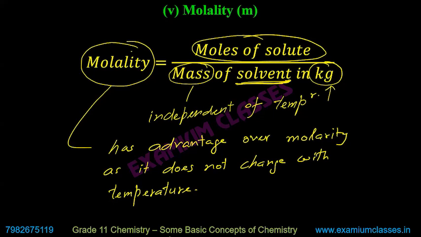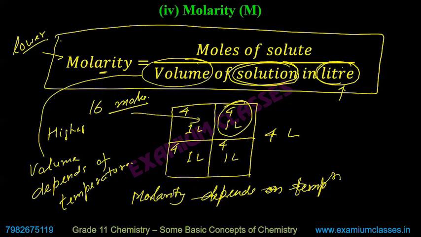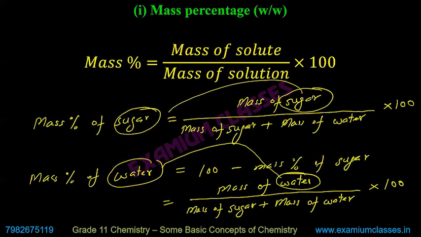You have to remember which one is the molarity formula and which one is the molality formula. Again, going back, a quick recap before I start the questions. Mass percent is simply the mass of solute divided by total mass into 100.